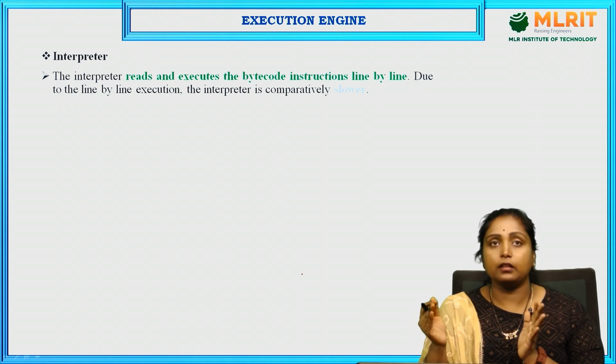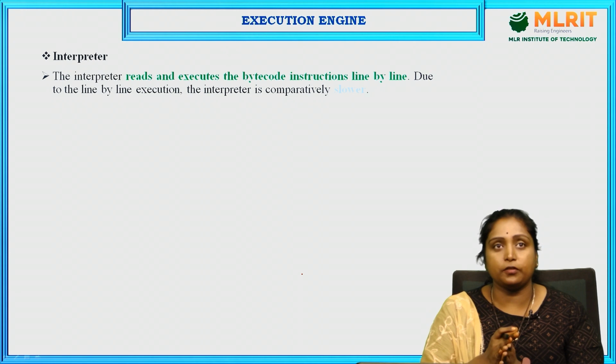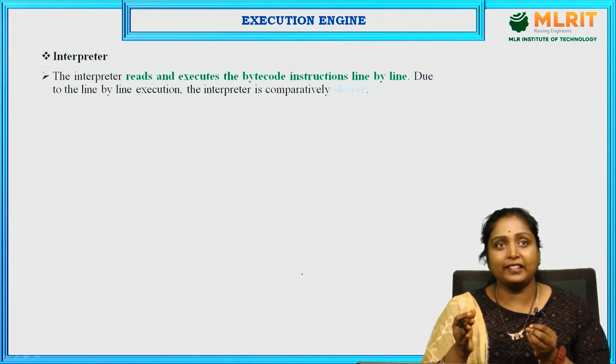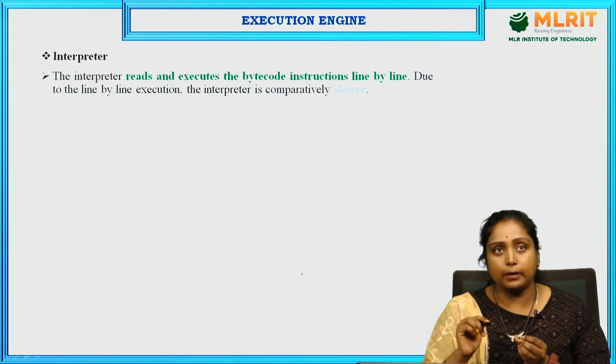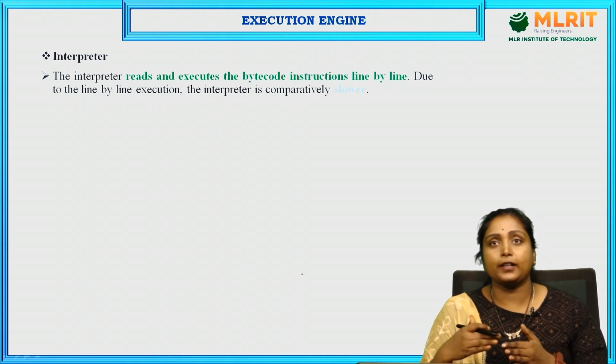That is the process of an interpreter, which does the same as a compiler. Then what is the difference between interpreter and compiler? The interpreter reads and executes the bytecode line by line, whereas the compiler takes a block at a time.